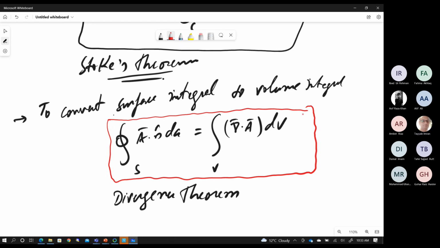Now these two relations are important. जब भी हमने conversion कोई करनी है Stokes theorem और divergence theorem को use करना पड़ता है.